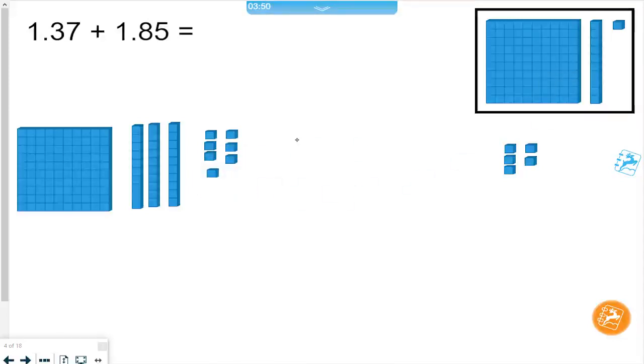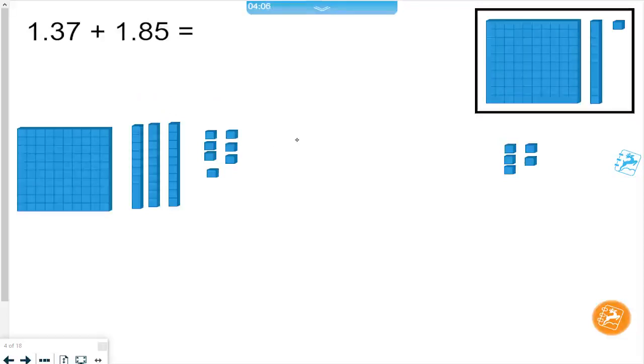So I have my 1 and 3 tenths, or 30 hundredths. 1 and 37 hundredths right there. I'm going to get that out of there.